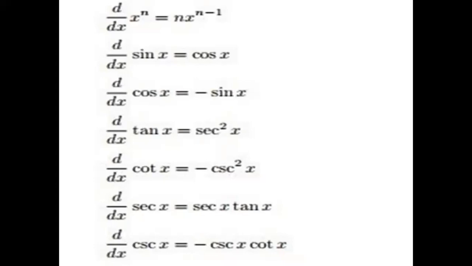Derivative of tan x is sec square x. And derivative of cot x is minus cosec square x. Derivative of sec x is sec x tan x. And derivative of cosec x is minus cosec x into cot x. Okay, write it.